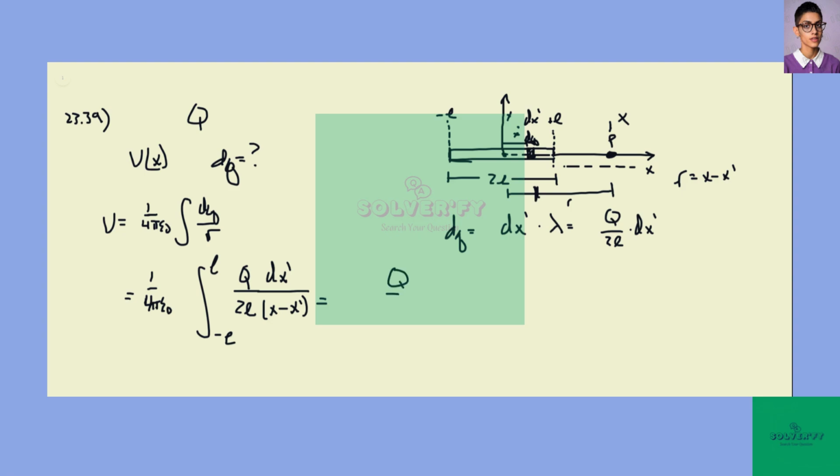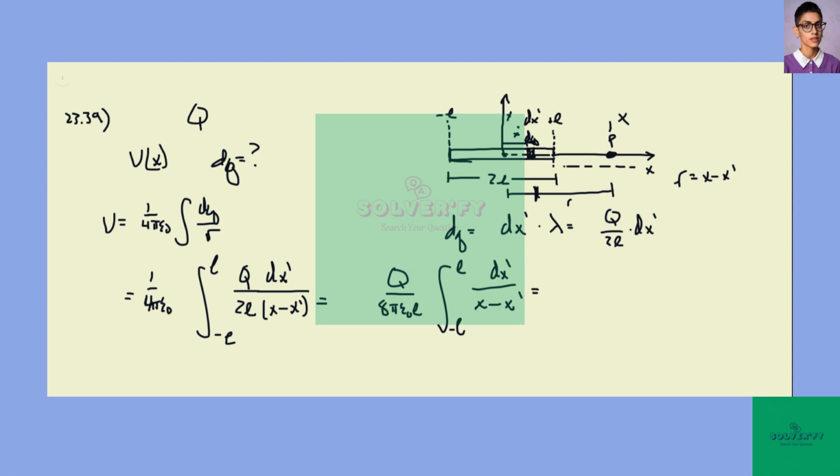Now that we have all this, let's simplify things. We have Q over 8 pi epsilon naught L, the integral from negative L to L of dx prime over x minus x prime.